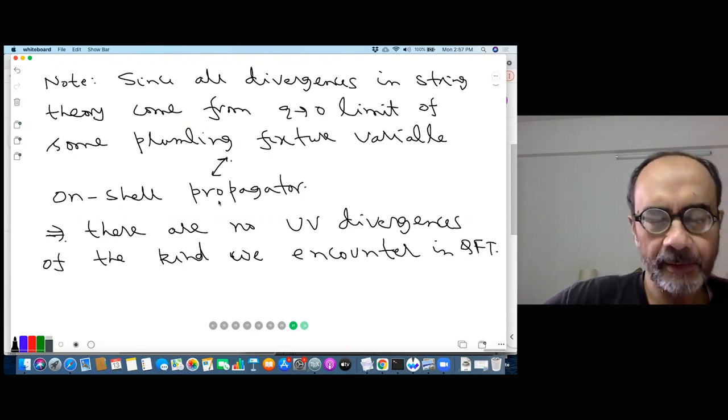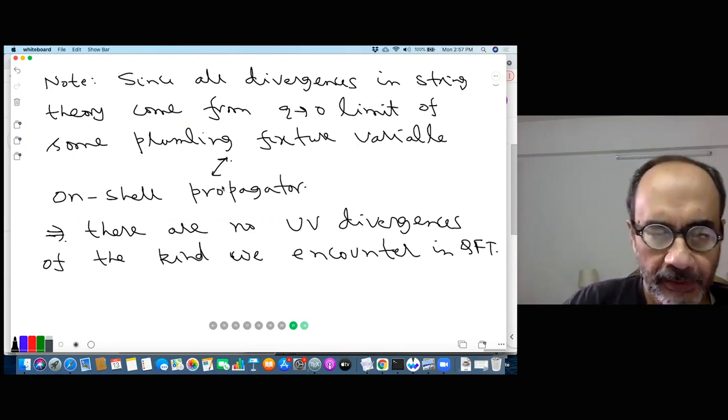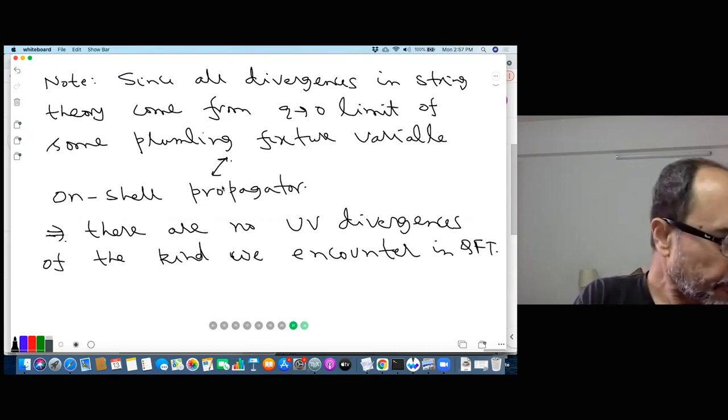Because on-shell, the divergences of the on-shell propagator are more of the infrared kind. And we know how to deal with these in quantum field theory. These are independent of the ultraviolet divergences that we encountered, which are simply not present in string theory. It is in this sense that one says that string theory doesn't have ultraviolet divergences.